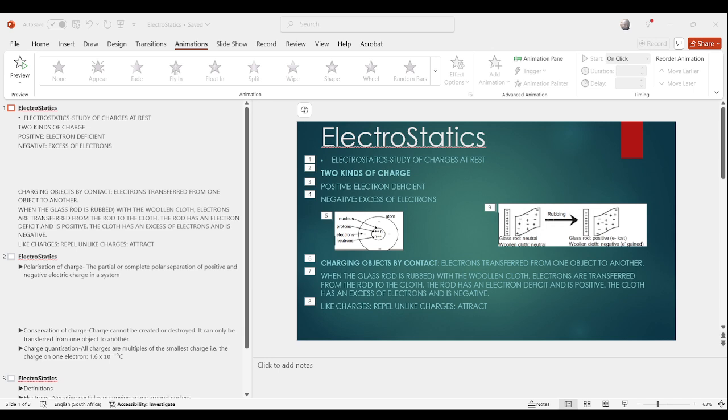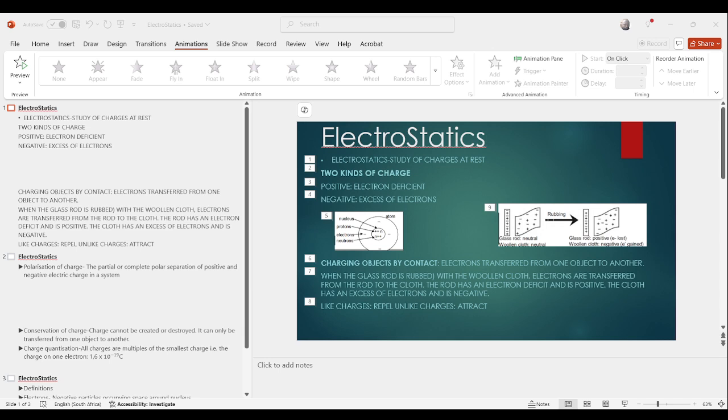But if you bring a positively charged object close to it, the positive charges of the object will be repelled and they will move towards the right. By doing so, they will be exposing the negative charges. Are you guys able to see my cursor? Yes, sir. So do you see where I'm pointing the negative charges?